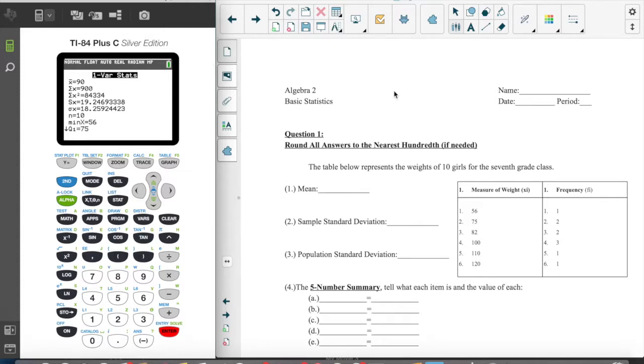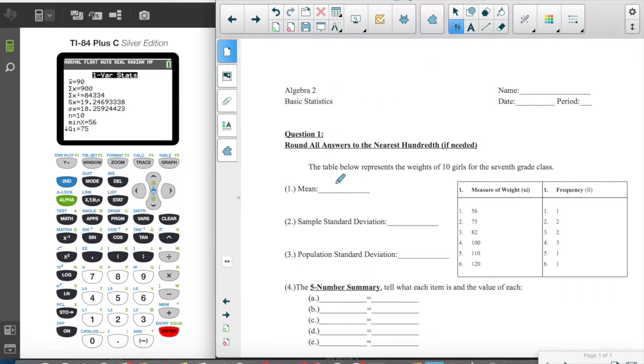So now we can take these and input them. Our mean would be 90. Our sample standard deviation, which is the one with the S in front of it, is going to be 19 point, and we look in the directions and it says nearest hundredth, so that's 3 places.